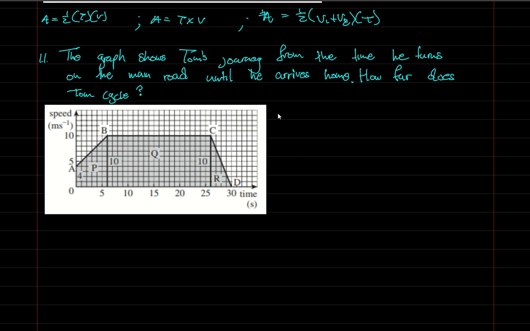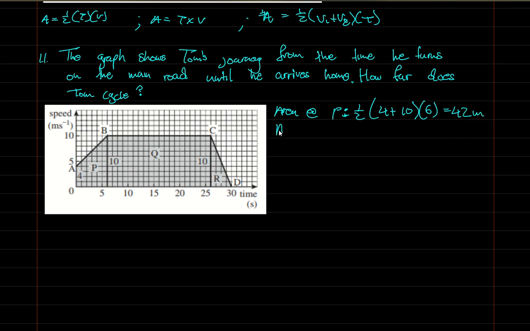We first need to know the area at P. What's the area at P? That will be equal to half, since it is a trapezoid. Half, what are the parallel sides? It's 4 units plus 10, multiplied by the distance between them, which is 6, and that will give us 42 meters.